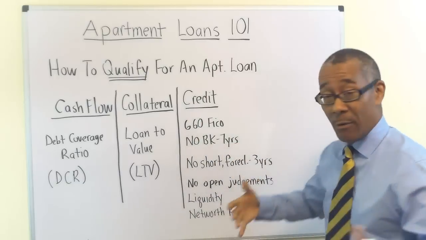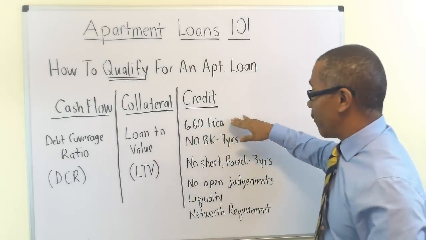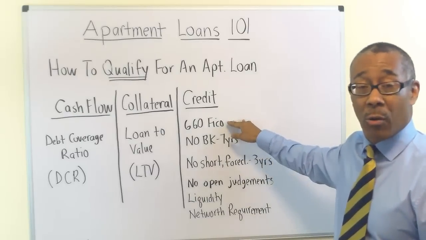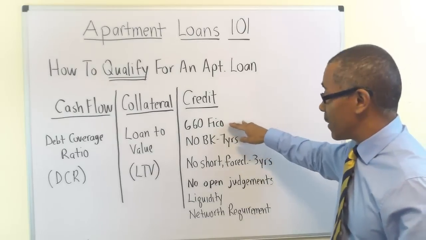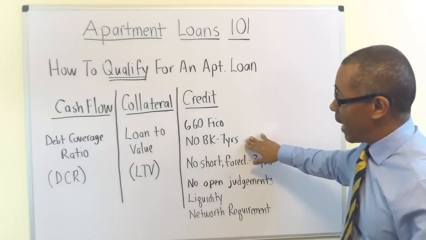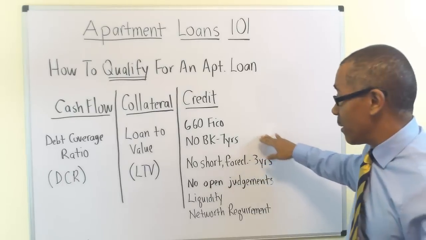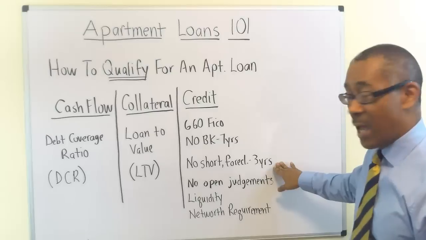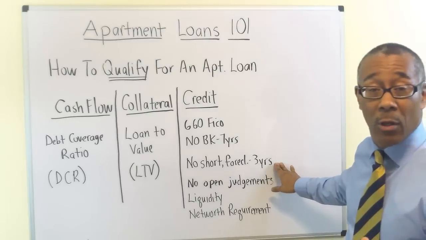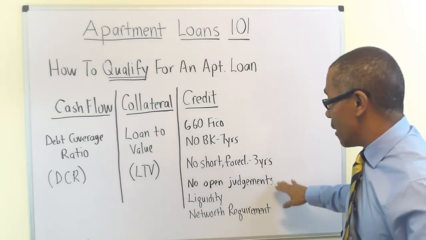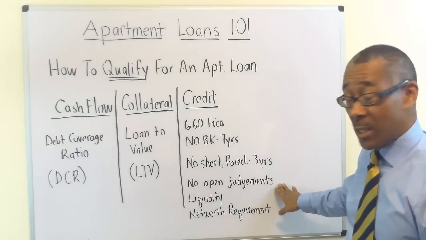Here are a few things the bank will look for. They'll look for a 660 FICO score, or a minimum of 660. They don't want you to have a bankruptcy in the last 7 years, nor any short sales or foreclosures within the last 3 years. No open judgments against you.